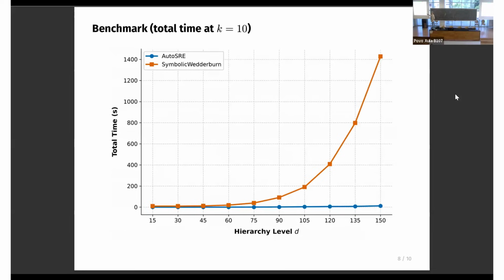Symbolic Wedderburn has the problem that it's as exact as you can be, but for the groups that we are using, we lose all the sparsity, because in the end, what symbolic Wedderburn is running is a sparse QR decomposition, which has a very bad worst case complexity. And so this is actually a huge speed up asymptotically, as we would expect from the theory. So that's nice, which works, of course, only for those groups.